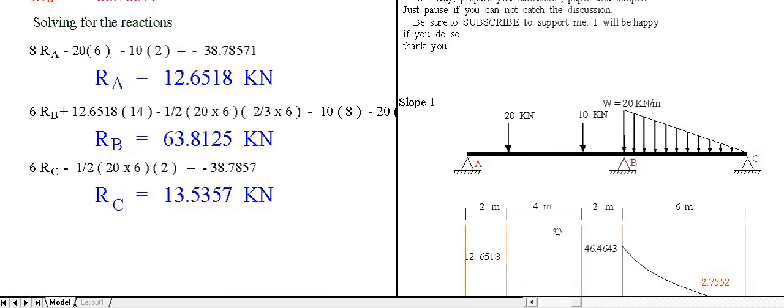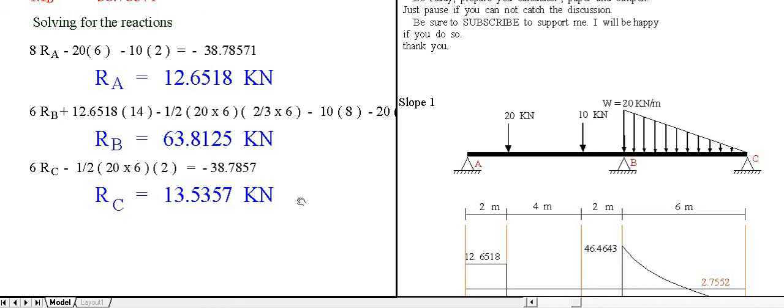Then consider the right segment of B or BC. Solving for RC, there is a moment at B of 38.7857 here. There is a moment at B and negative. So RC times 6 in that direction.